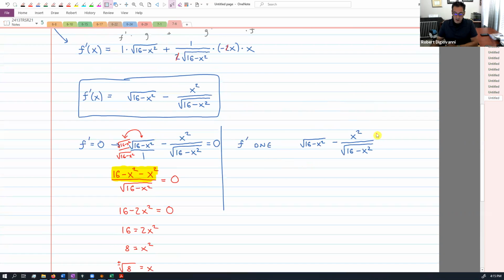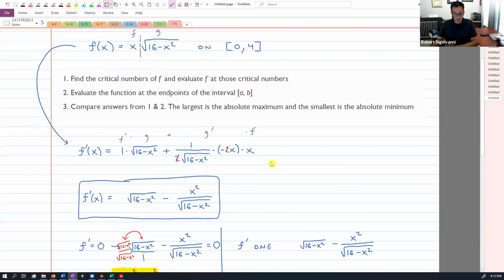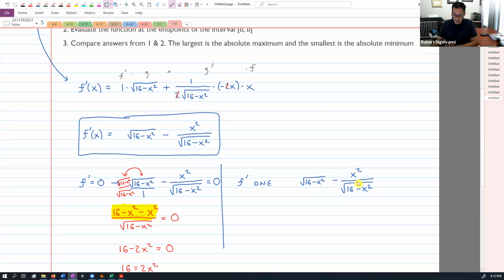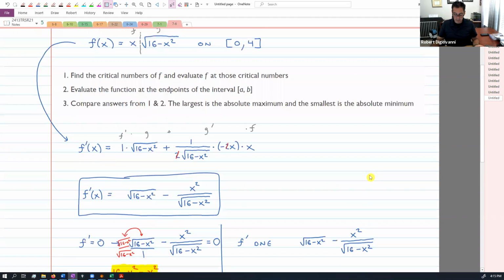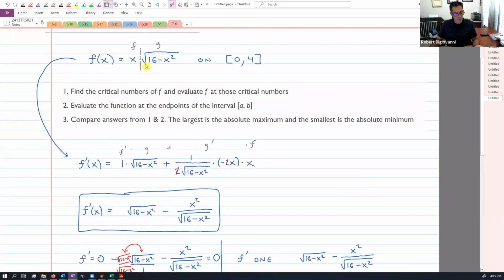Now, I also need to figure out where the derivative doesn't exist. So this is tricky also because you're looking at this nasty derivative and you're asking yourself, what values of x are going to mess this up? Well, look at the original function.